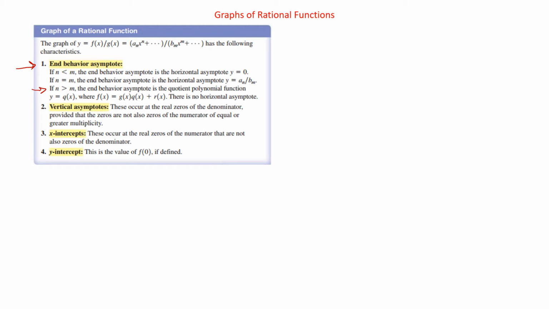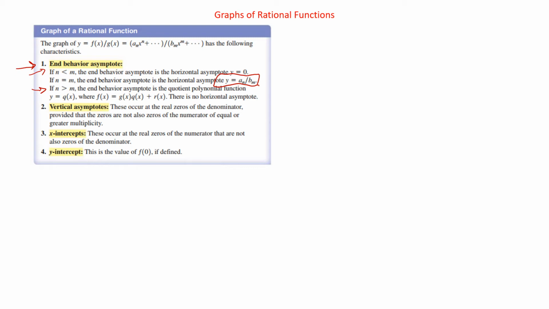If the degree of the top is less than the degree of the bottom, the asymptote goes to 0 because the bottom is getting bigger faster and faster, and so it is dividing by bigger and bigger numbers very quickly, and thus going to 0. If the two degrees are the same, then it's just the ratio of those leading coefficients. So it's the coefficient of the first divided by the coefficient of the second. So that's what's happening with the end behavior.